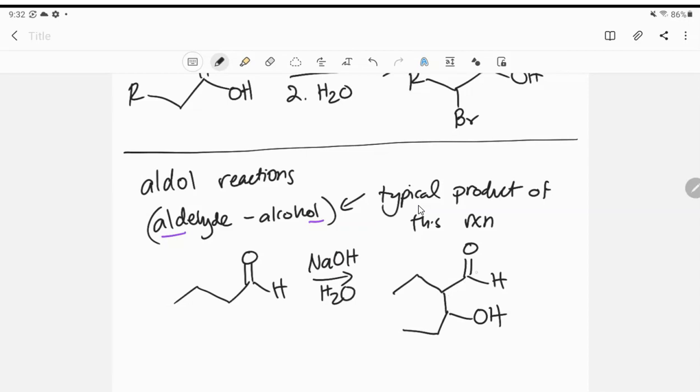We're going to have an enolate form on an aldehyde, and it's going to attack another aldehyde, basically the same molecule that it used to be. And it's going to end up yielding an alcohol on one of them and an aldehyde on the other.